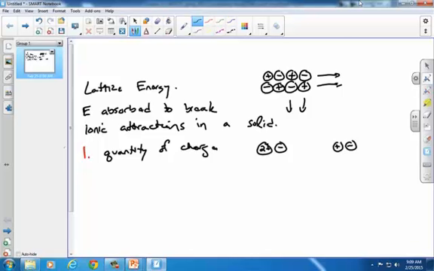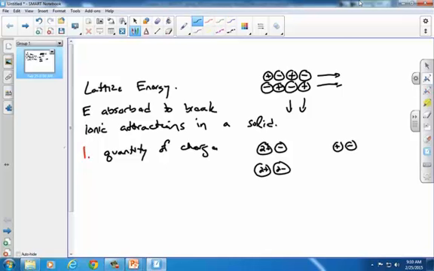Or if you had something with a +2 and a -2, that's going to have even more lattice energy. So the more charge you put on the individual ions, the more strongly they'll be attracted, the more energy it will require to overcome that attraction, which means you have a higher lattice energy.